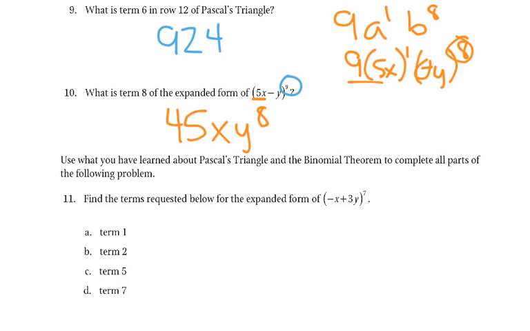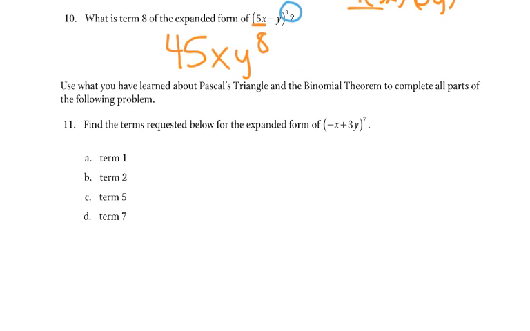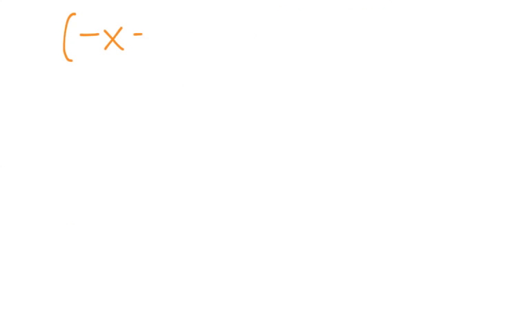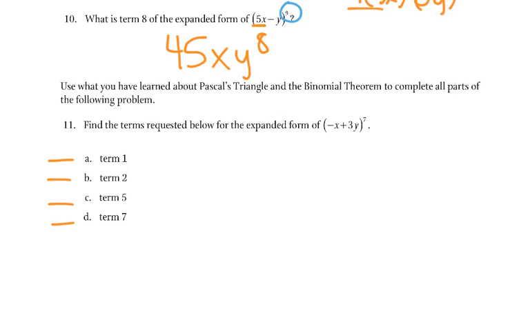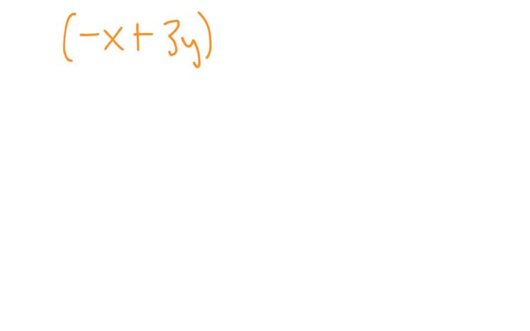Alright, so the last thing is now, use what you have learned about Pascal's triangle and the binomial theorem to complete all parts of the following problem. So they want 4 terms, not the whole thing, but 4 of those terms. So we've got negative x plus 3y to the 7th.